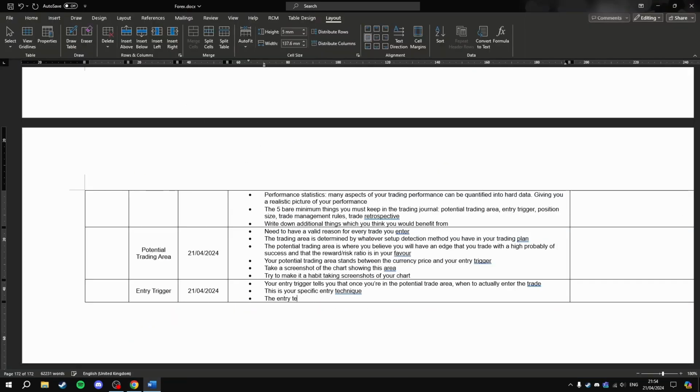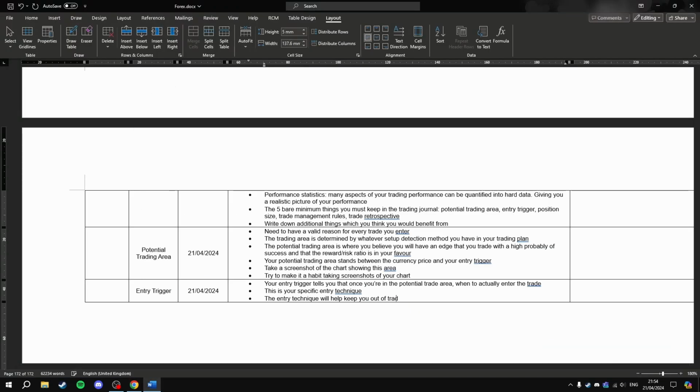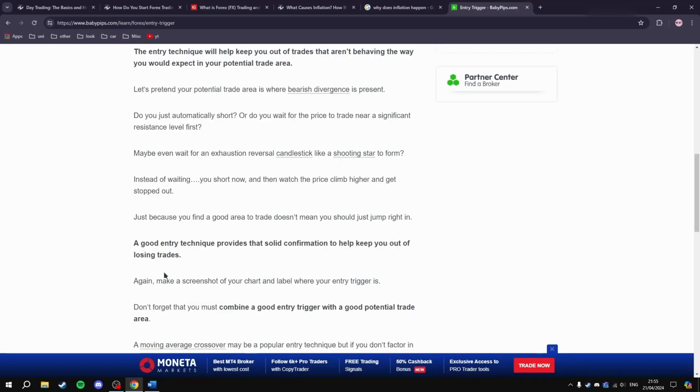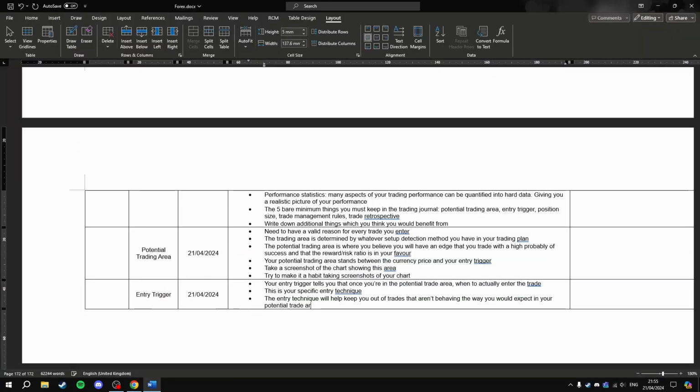The entry technique will help keep you out of trades that aren't behaving the way you would expect in your potential trade area.